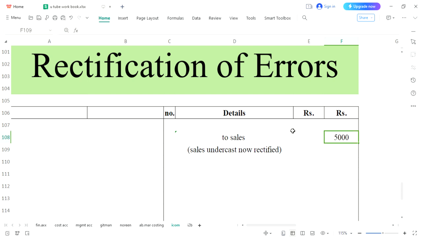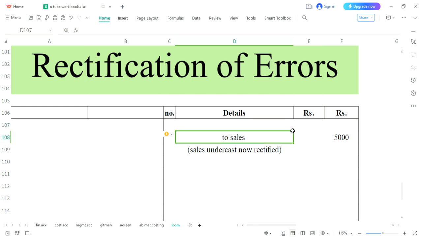Now here is the twist. Since there was only one mistake, it was sales, and you have undercast your sales. In undercast we write on the same place; original side was sale, so sale we have credited, but nothing is written over here because no other mistake is mentioned.